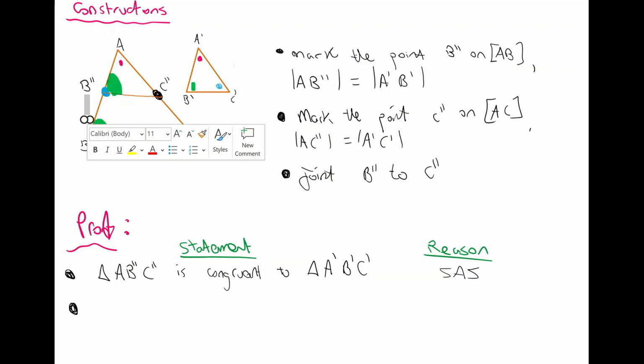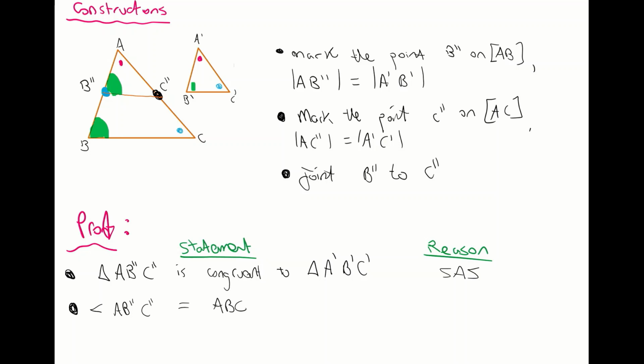Those two lines are parallel to each other because we fit that small triangle into the larger triangle. So I'm going to state that those two green angles are equal in size, and the reason for that is that they are corresponding angles, because the two lines are parallel to each other.